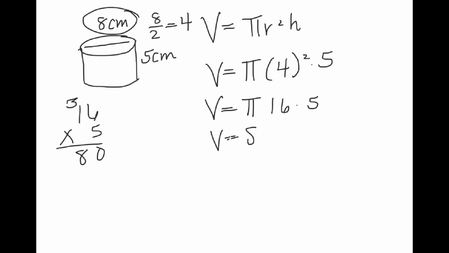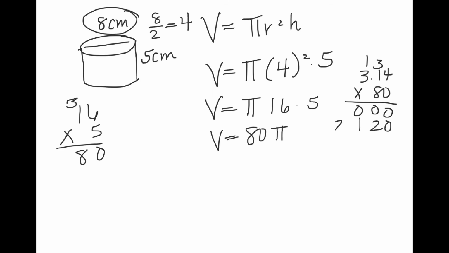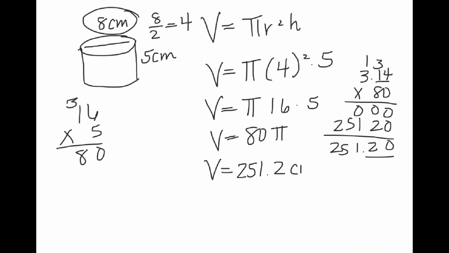So we can either do 80 pi or 3.14 times 80. 0, 0, 0, please 0. 8 times 4, 32. 8 plus 3, 11. 24 plus 1, 25. Two numbers behind the decimal point. So 251.2 centimeters cubed. I always forget to write that.